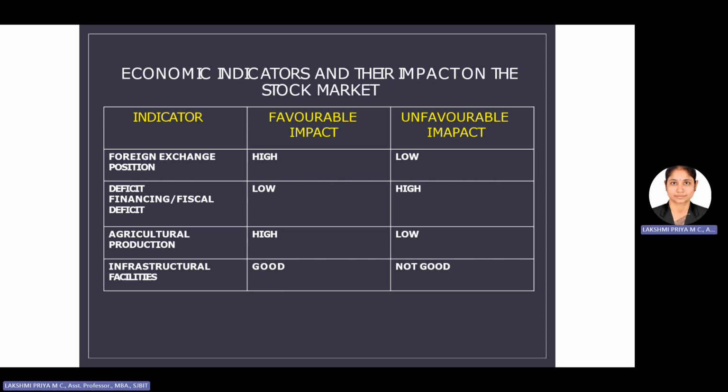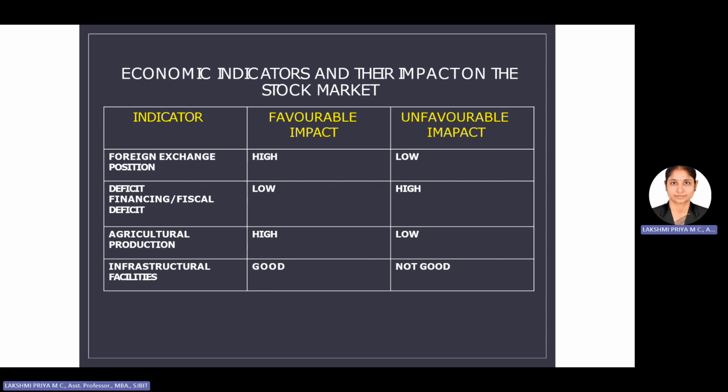For example, according to a report in the Times of India, during April 2012, the investments by FIIs in the stock market were the lowest of the past 3 years, and it stood at rupees 47,935 crore. So foreign institutional investment is always very important for the growth of the stock market.